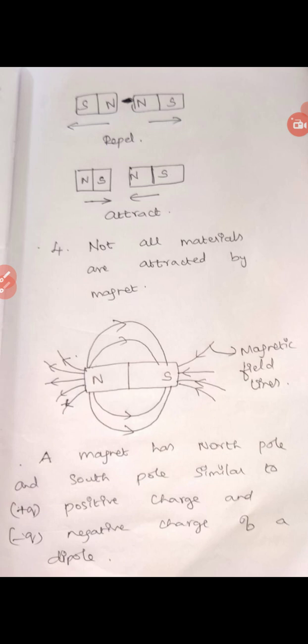Because of the magnetic field lines, the magnetic field is produced, right?